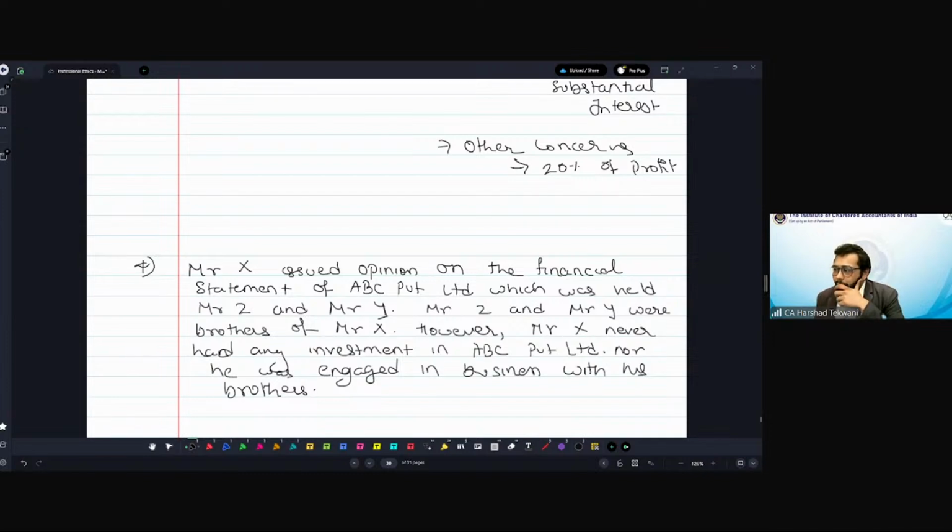Okay. Anyone else? Anyone? Sir, I am a bit confused about whether relatives are getting covered under the clause.